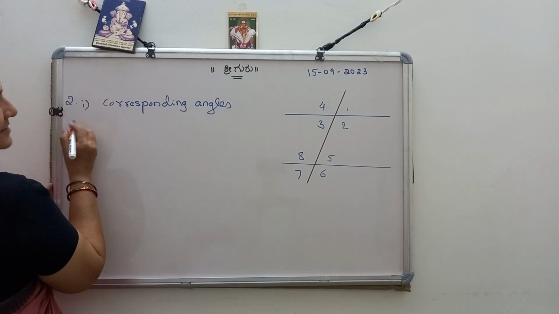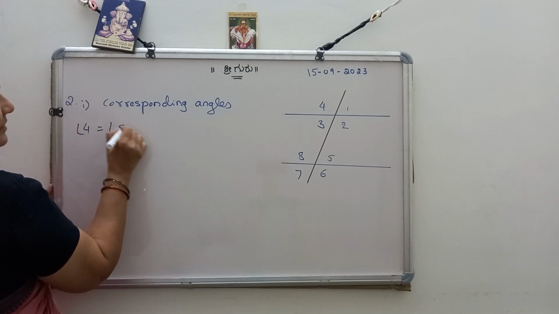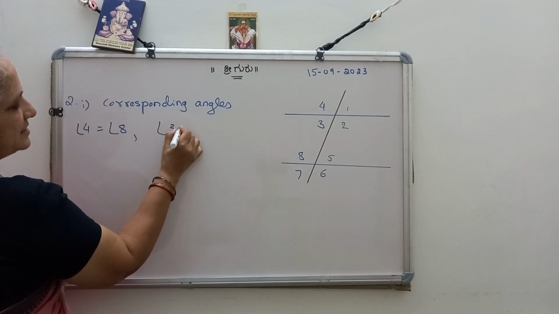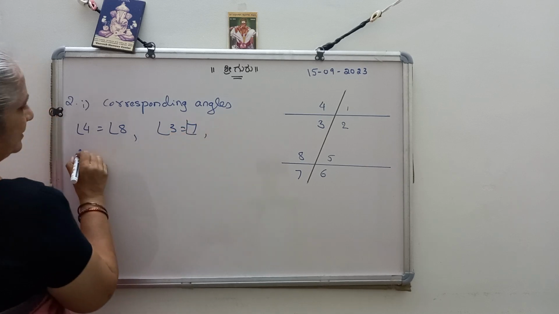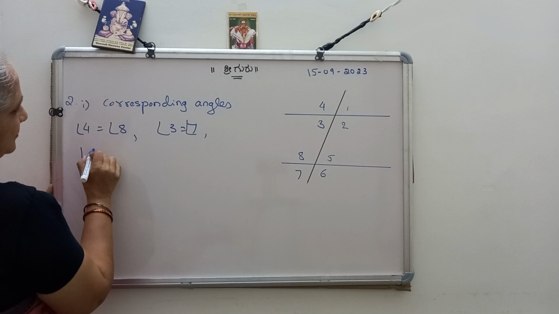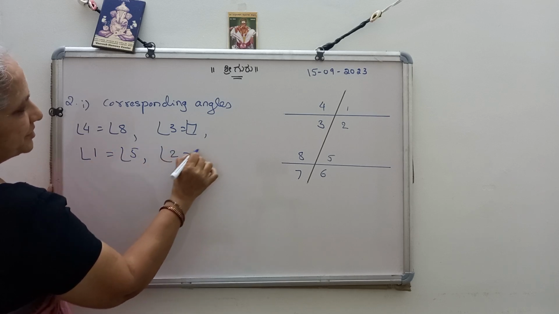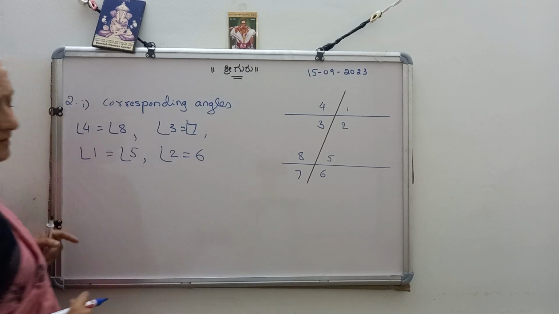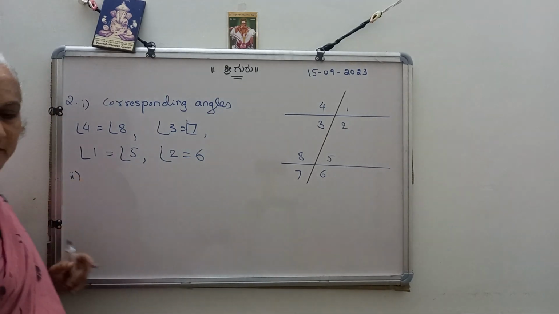So corresponding angles are angle 4 is equal to angle 8, angle 3 is equal to angle 7, angle 1 is equal to angle 5, angle 2 is equal to angle 6. Am I right, children?